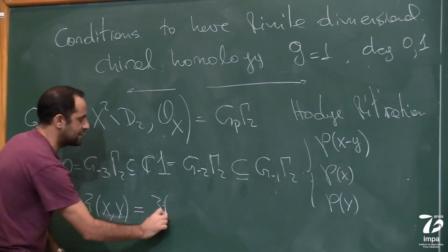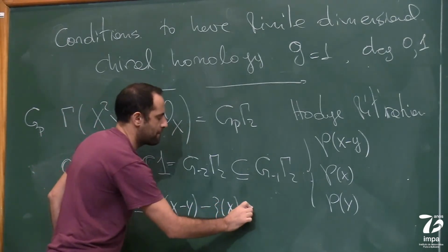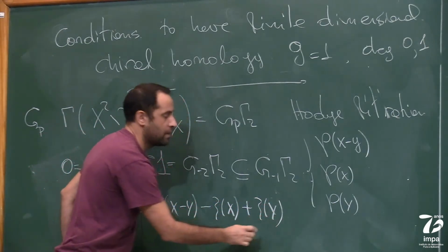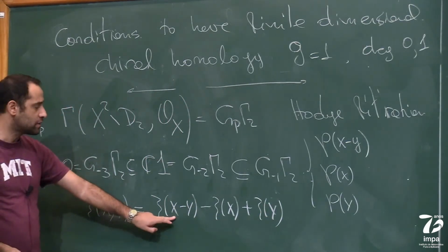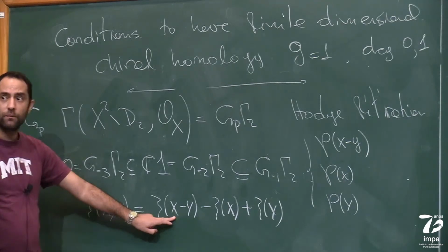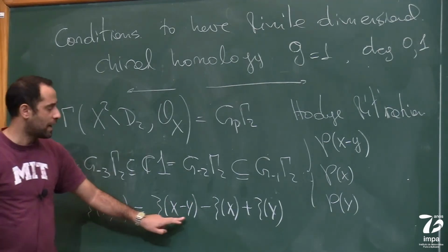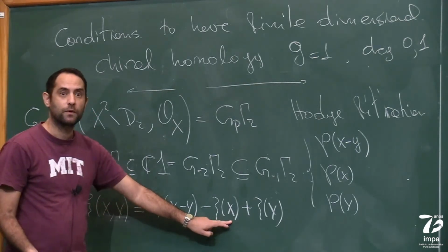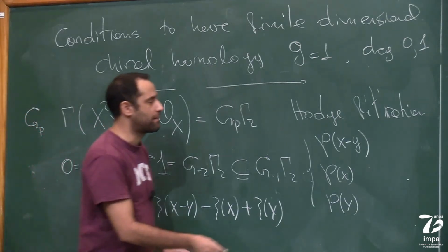This function is the zeta function of x minus y, minus zeta of x, plus zeta of y. Zeta was not biperiodic, but this combination is, because if I add tau to x, then this guy spits out minus eta 2, and this guy spits out a plus eta 2. So this thing is actually bi-invariant. And this is a new function that appears here.